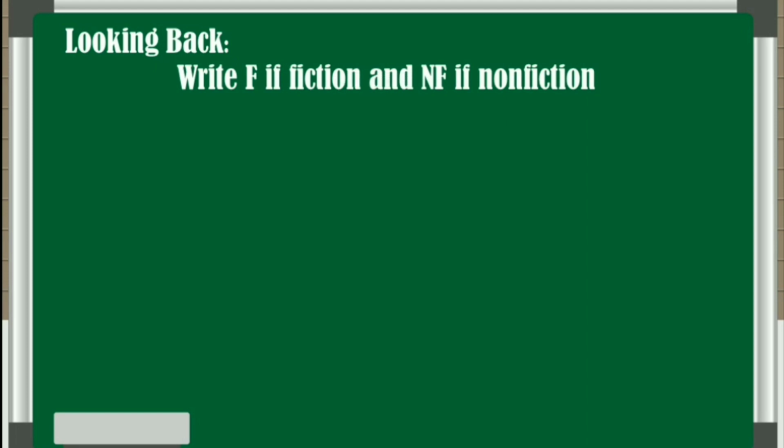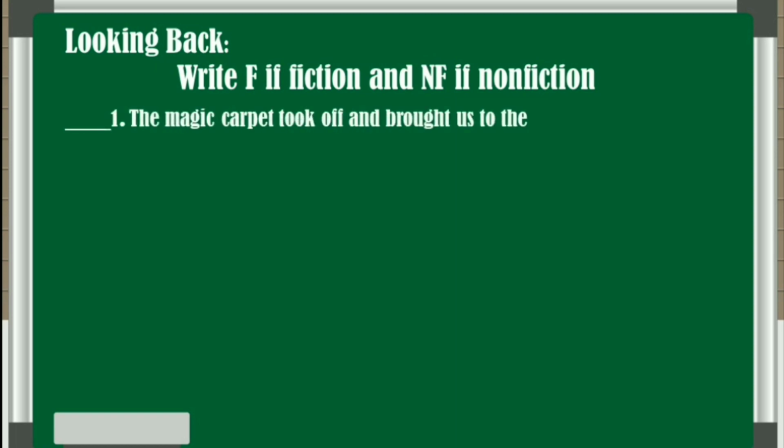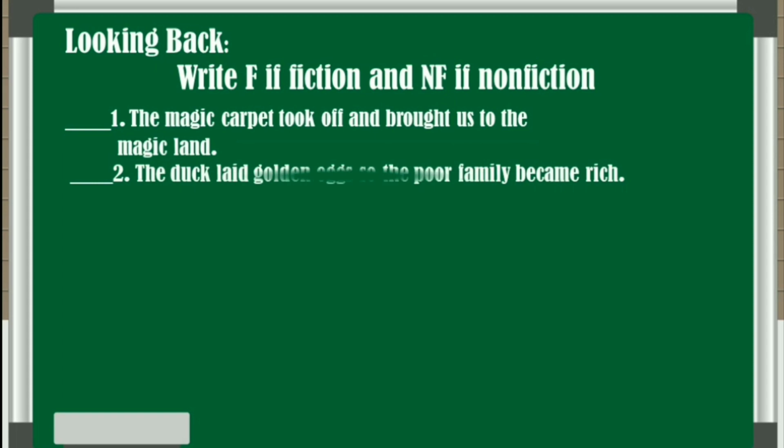Let us have a short review on the lesson that you have learned last week. Okay, again, write F if fiction and NF if non-fiction. Number 1. The magic carpet took off and brought us to the Magic Land. Is it real? Do you want to go to the Magic Land? Number 2.